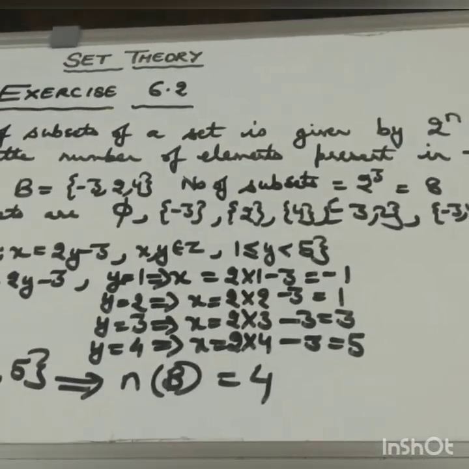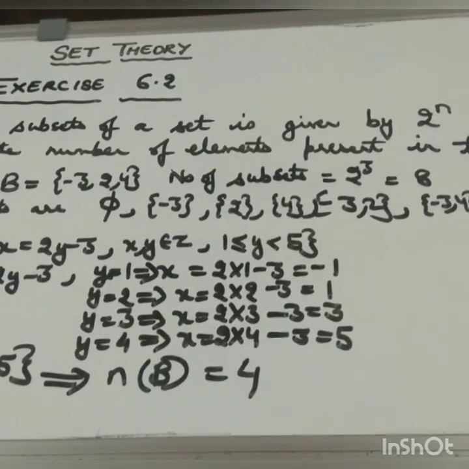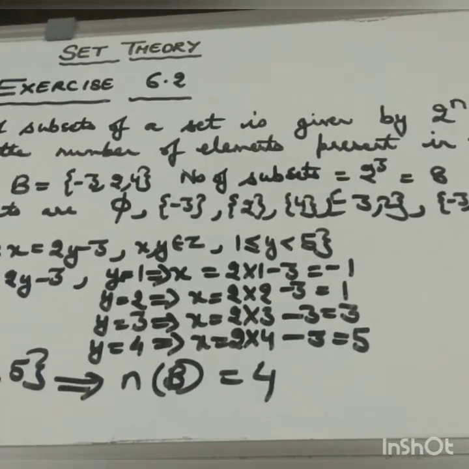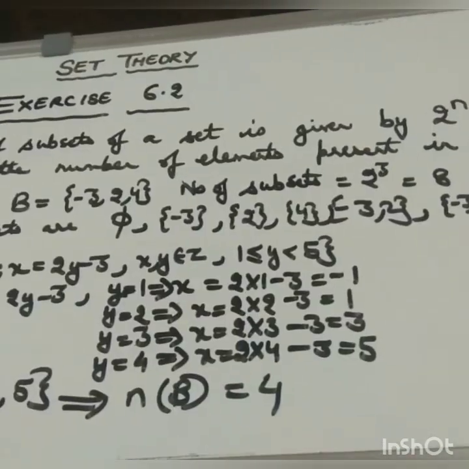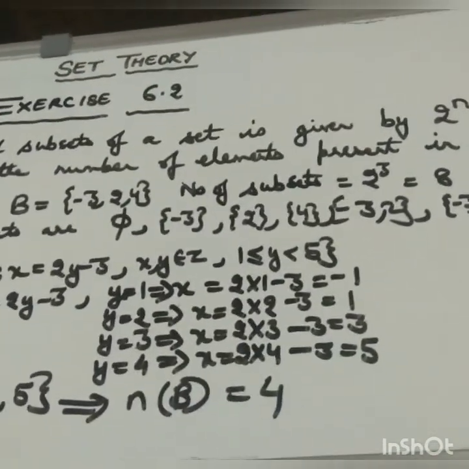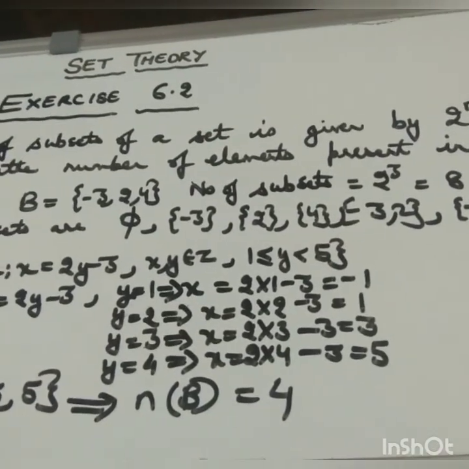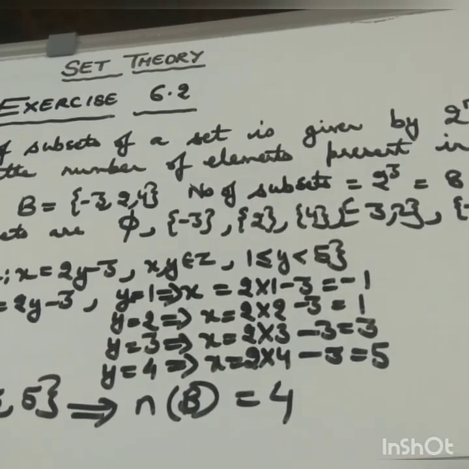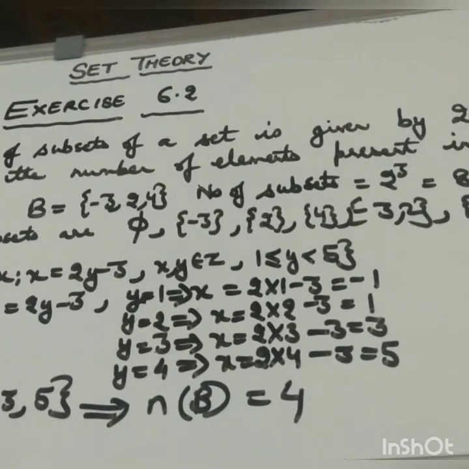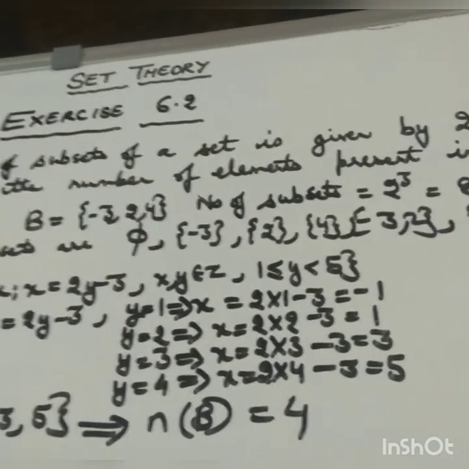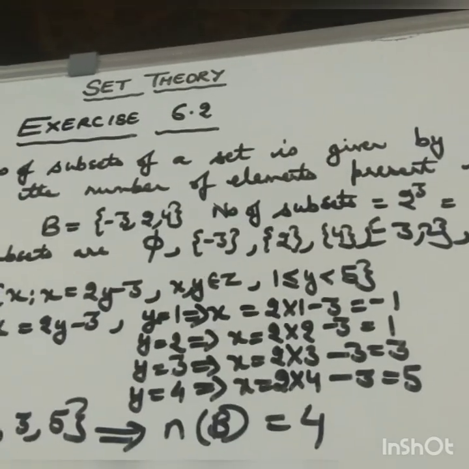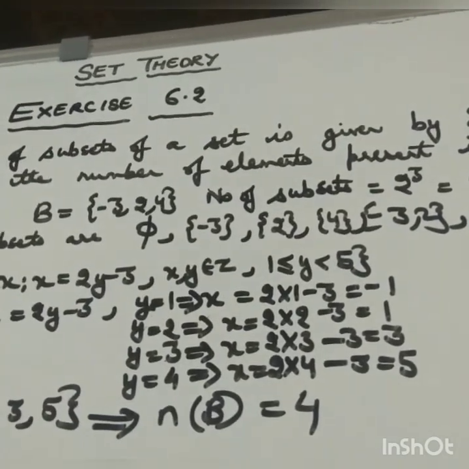I hope it is very clear to you. Hence, in exercise 6.2, you have to do only 2 sums, I think. One is the fourth question, where you can do the subparts, odd numbers, or all of them, that is up to you. And in question number 6, only the C part you need to do.